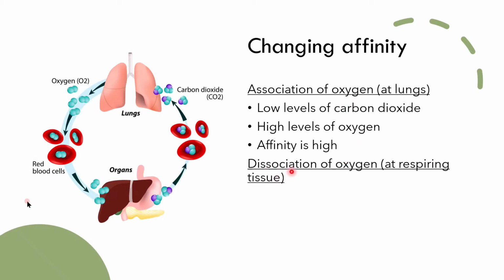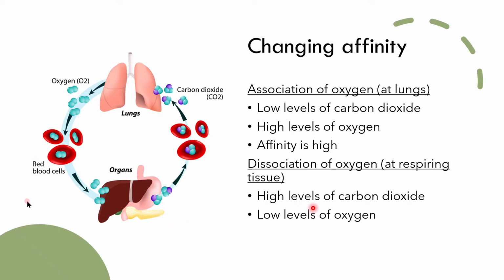And for dissociation of oxygen at respiring tissues, the levels of carbon dioxide are high, and this is because the respiring tissues have been conducting aerobic respiration, so they have been producing carbon dioxide.